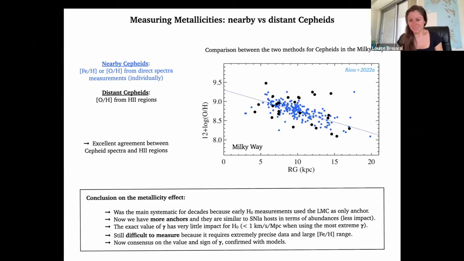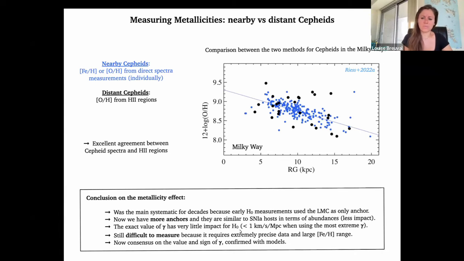I know it's maybe confusing, but the conclusion on the metallicity effect is really that it used to be a main systematic for decades because the LMC was the only anchor available at that time. But now we have more anchors, so it doesn't matter anymore. The exact value has very little impact for H0.